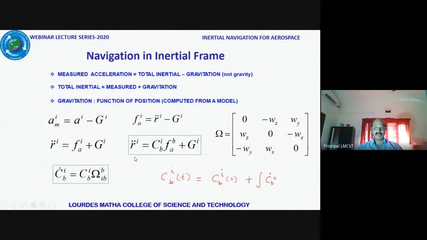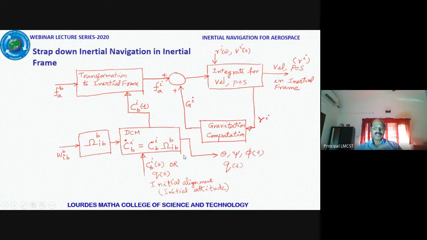First integration gives velocity, second integration gives position. So in fact, the navigation in inertial frame is, frankly speaking, over. But just for the feel, to expand it, I'll put it in a block diagrammatic way.